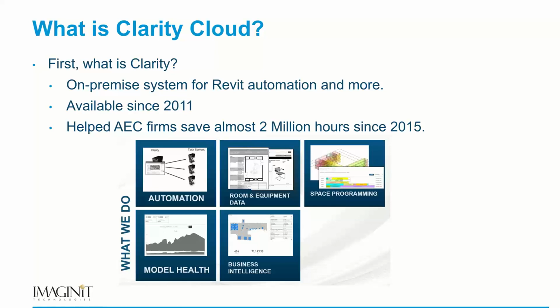Clarity is a product that we've been developing since 2011, and it is at its heart a Revit automation platform, something where you install the software inside of your company.